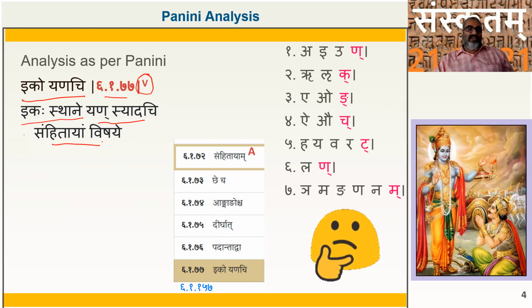So there are three different code words used by Panini, which we are all aware of. The first code word of Panini is Ik. Ikaha is actually Shashti.